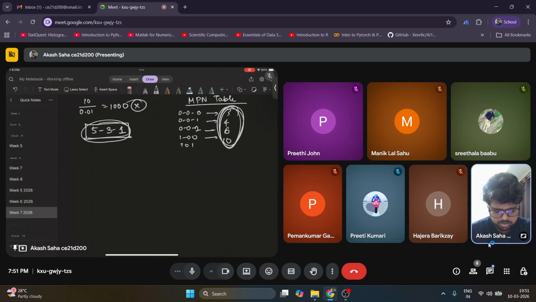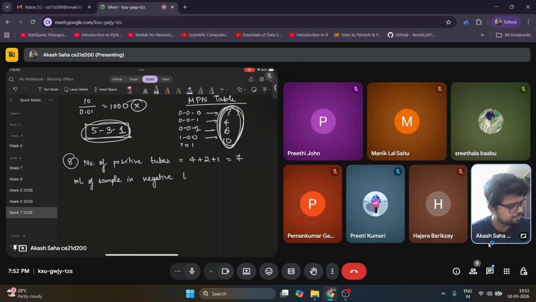so first find out the number of positive tubes. So we have 4 plus 2 plus 1, that is 7. Then you find out the ml or volume of sample in negative tubes. So what were the negative tubes?